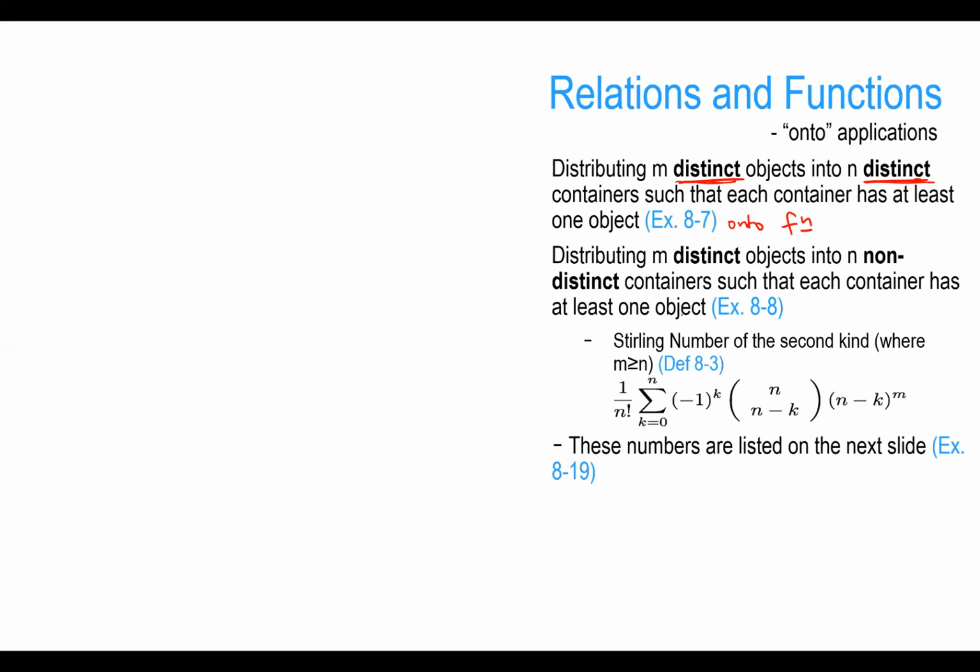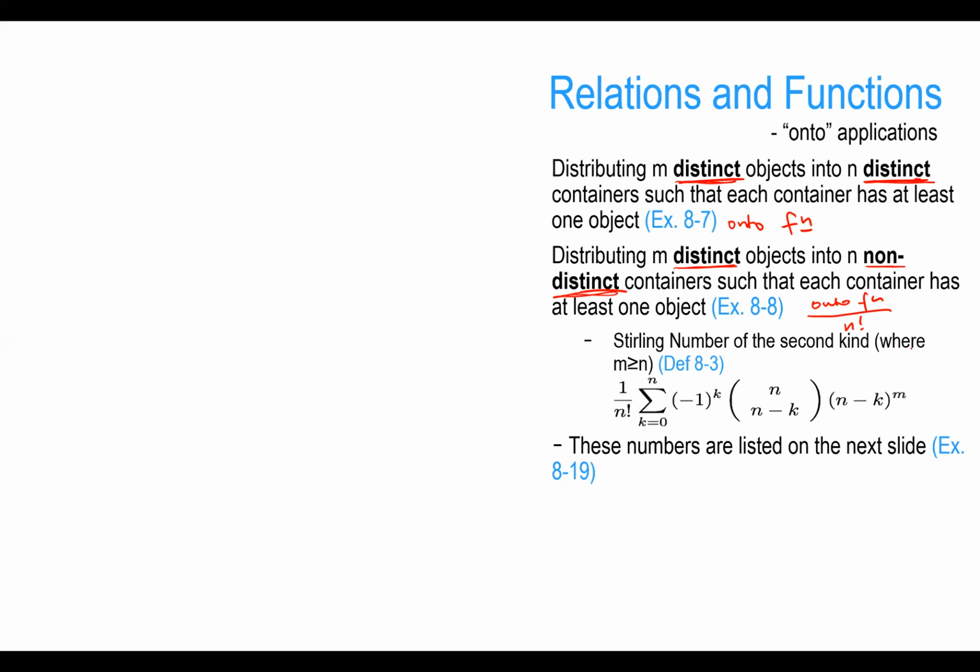The number of ways to distribute m distinct objects into n non-distinct, identical containers, so that each container has at least one object, is the onto function divided by n factorial, which is the size of B factorial, the number of outputs.